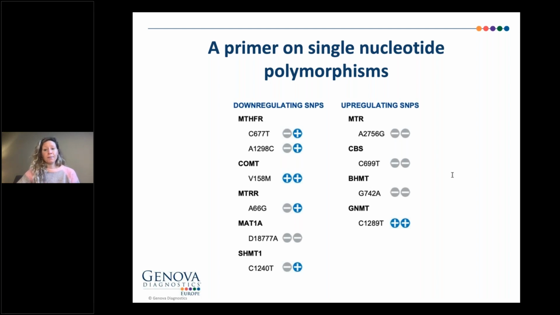No plus sign means that they have the wild type, which means that no polymorphisms have been detected on that gene. You can also see that we display the genes in relation to the down-regulating or up-regulating impact that that particular SNP will have on that gene. And it's listed just there at the very top.